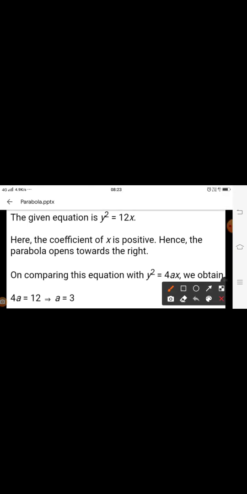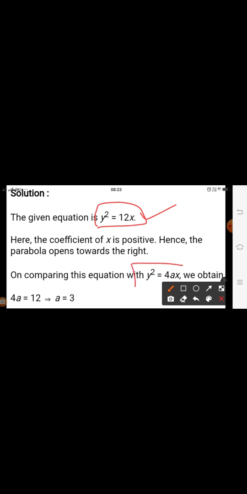Clearly y square is equal to 12x is symmetric about the x-axis in the positive direction of the x-axis. This is similar to y square is equal to 4ax. Comparing these two equations, 4a is equal to 12, then the value of a is 3.